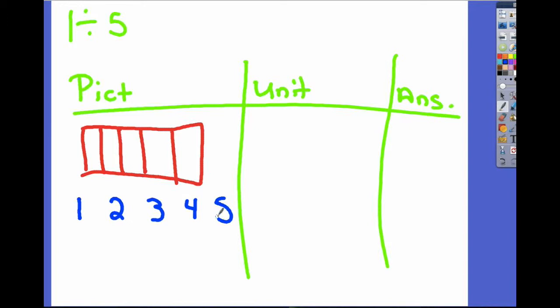Now, how will I show that down below? How do you think I'm going to show that? I'm dividing this big thing into 5 parts? You're going to put a 5 under each number. We're going to put a 5 under each number? What do you think?